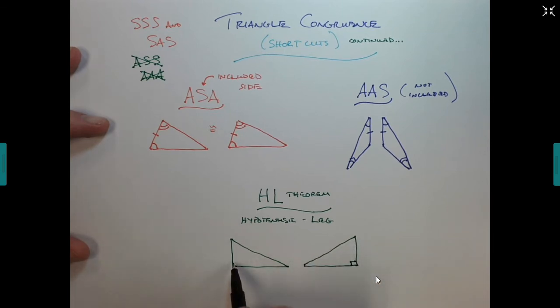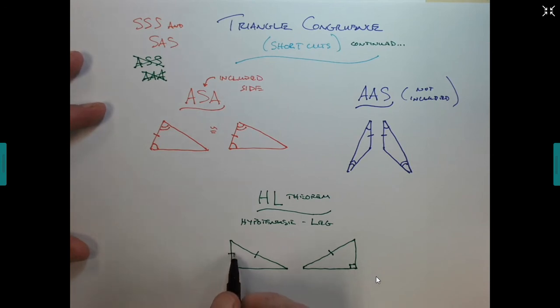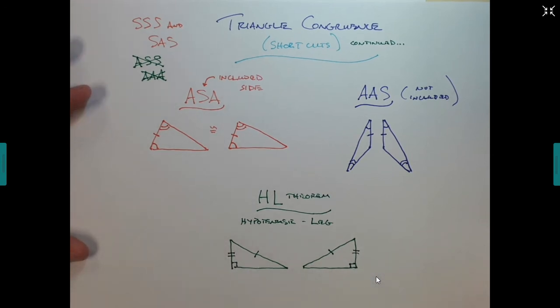If we knew we had right triangles, if we knew that the hypotenuses were congruent, here's the hypotenuse of each one, and we knew one of the legs, it doesn't matter which leg, the other 2 sides are referred to as legs.